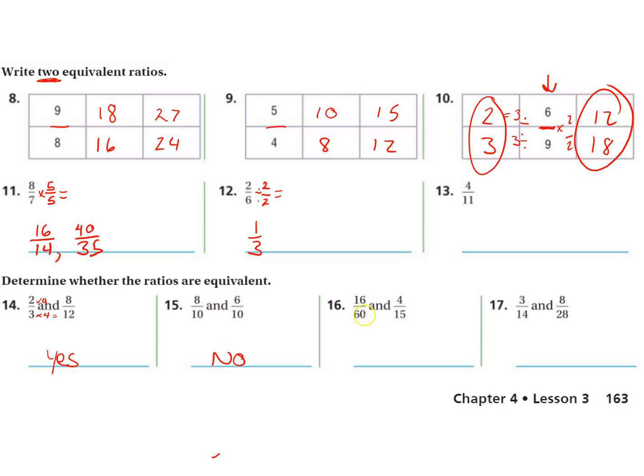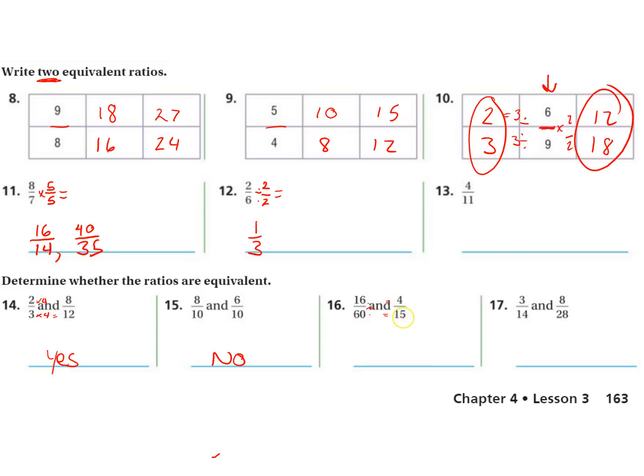Okay, here, 60 to 15. I can't multiply, but could I divide? 60 divided by what will give me 15? And then I have to divide the numerator by the same thing and see if that gives me 4. So what can go into 60 that will give me an answer of 15?